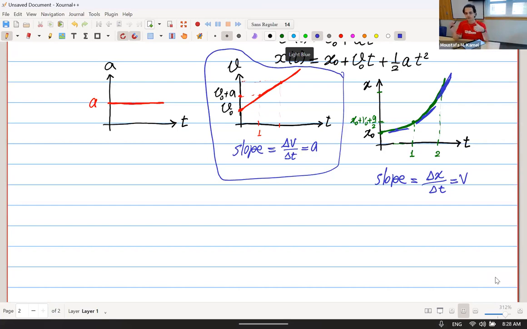So from the xt graph, we get velocity. From the vt graph, we get acceleration. From the at graph, I don't know what we get, but you can calculate the slope as well, but I don't know if that's physically relevant.